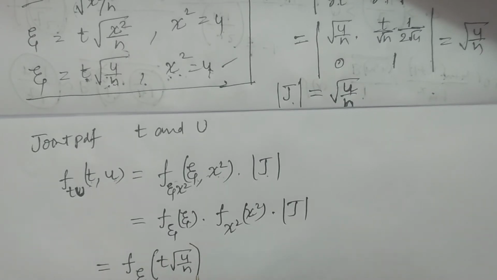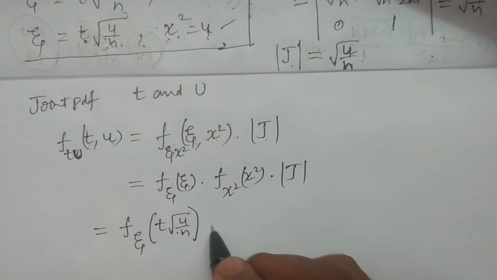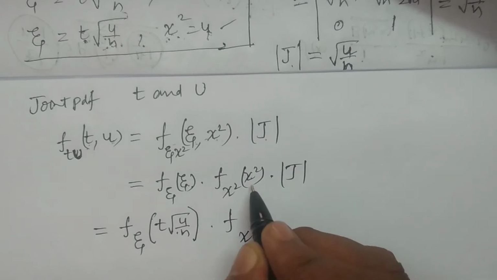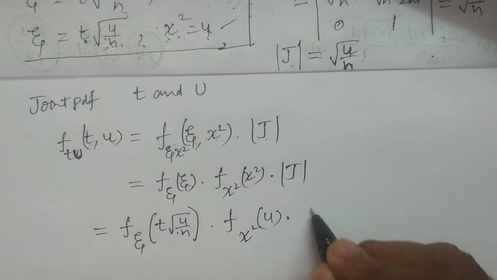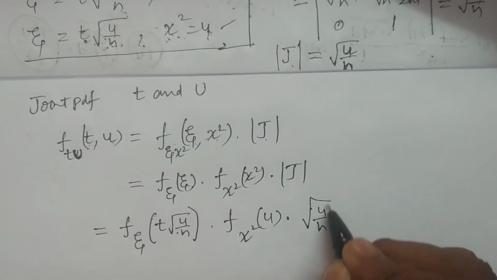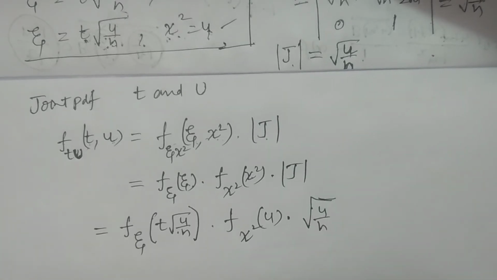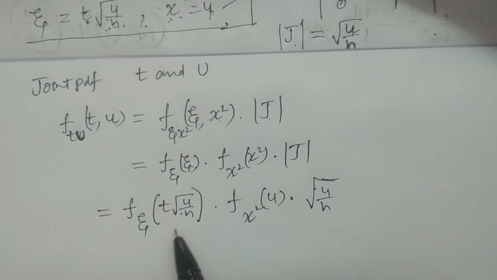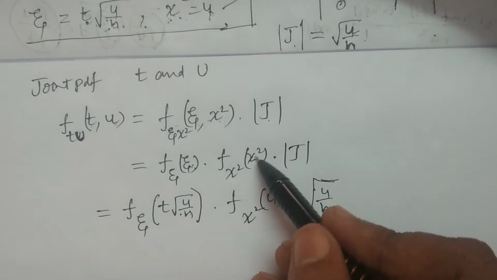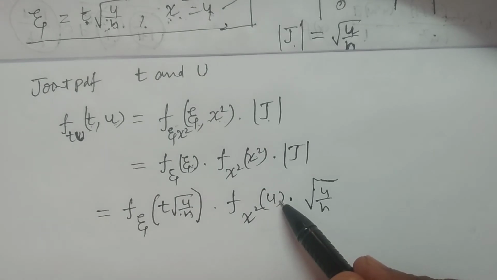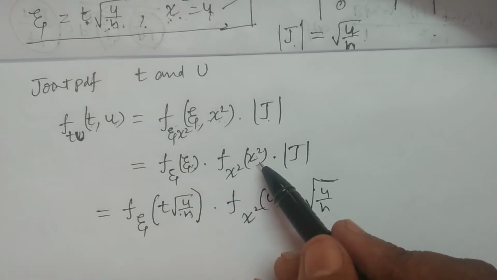Xi is equal to t into square root of u by n, and multiplied by f of chi square, where chi square is equal to u, multiplied by the Jacobian. The Jacobian is square root of u by n, the modulus of the Jacobian. This is nothing but the two variable transformation method. So you see here the variables are transformed, xi is transformed, chi square is transformed. These are called transformations.